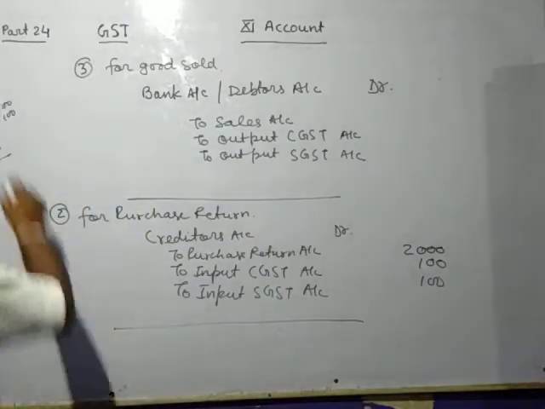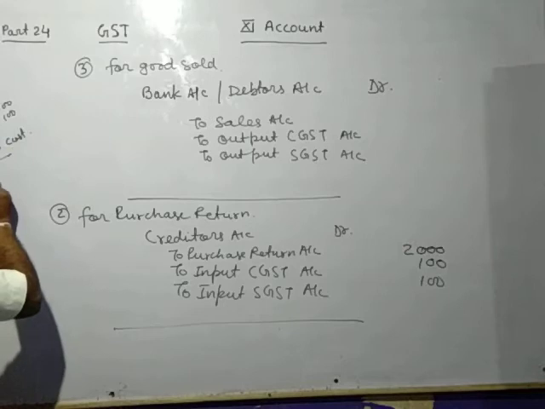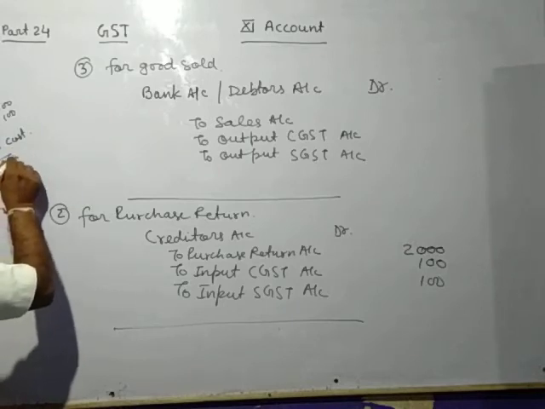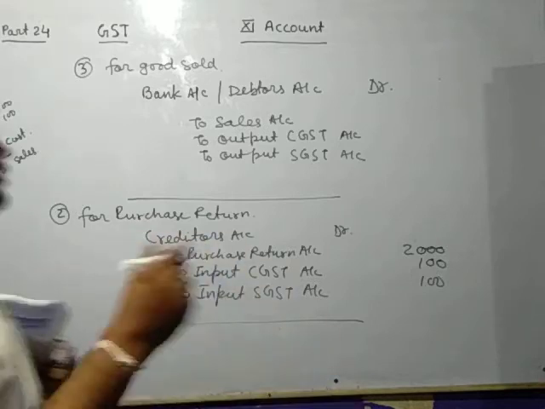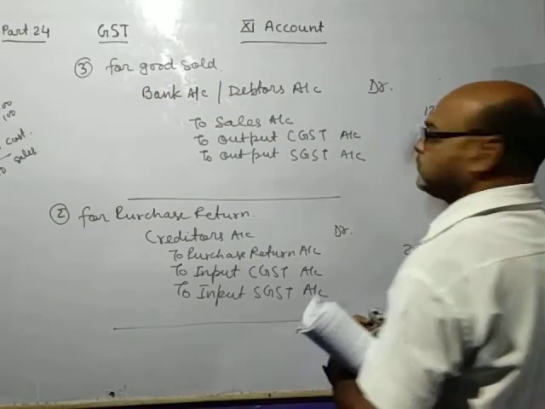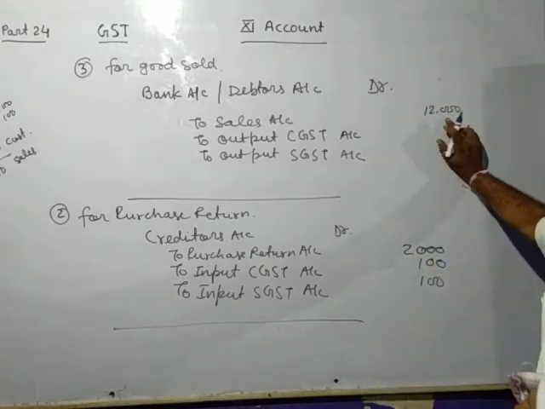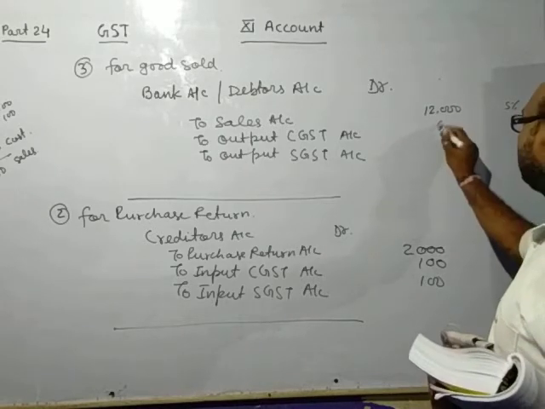Now this was the cost for you, 8,000, and you have sold these goods for 12,000 to the customers. Now your sell price will be 12,000 and on this 12,000 you will take the tax from the customer at 5%, that is 600.